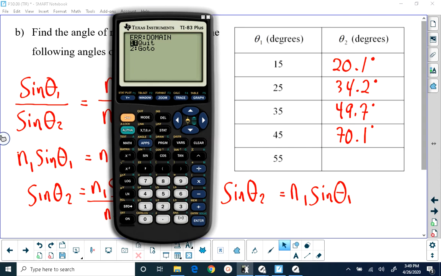And we get an error. And it isn't that I've entered anything wrong. The reason I can't get an answer is that 1.33 sine of 55 gives me a number larger than 1.